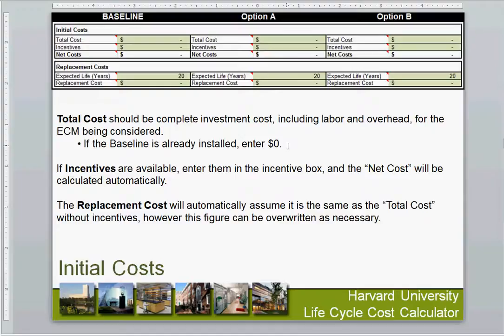The state of Massachusetts, through NSTAR, NGRID, and the Mass Save program, actually has a fairly robust set of incentives, both custom and prescriptive, that we spend a lot of time at GBS doing incentive management for our capital projects, and can often, frankly, collect incentives that are in excess of our entire fee for our involvement in the project. So it doesn't always work that way, but they can be pretty large.